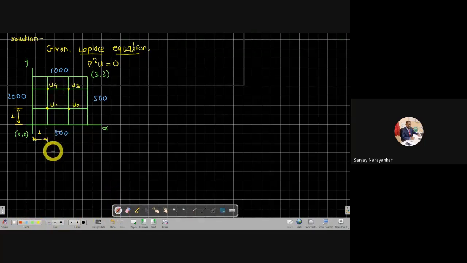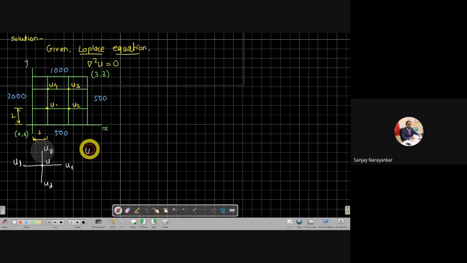So how to find this? First of all, we should know the equation for u. What's the equation for u? Can you tell me, students? Let us say this is the u point that we have to find out. This is u, this is u up, this is u down, this is u left, and this is u right.